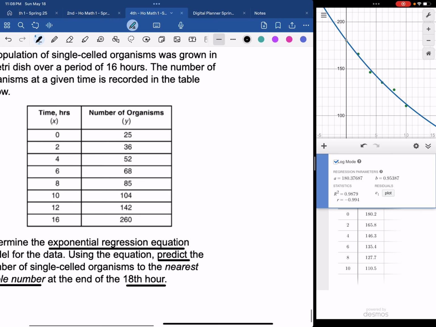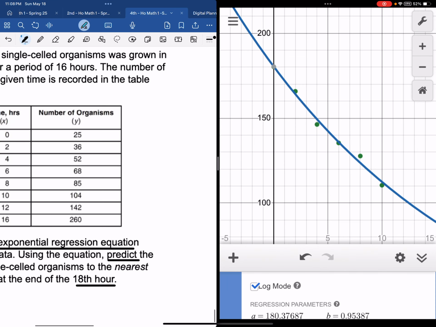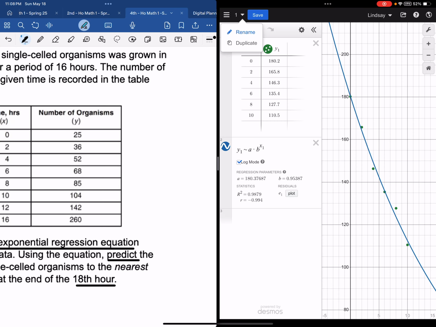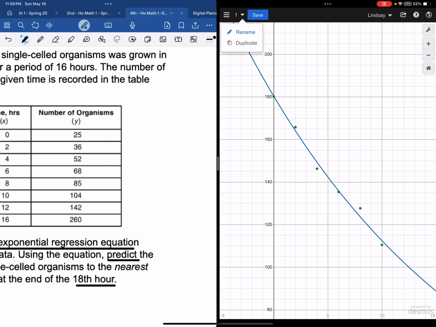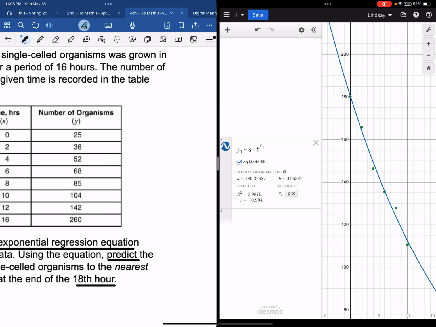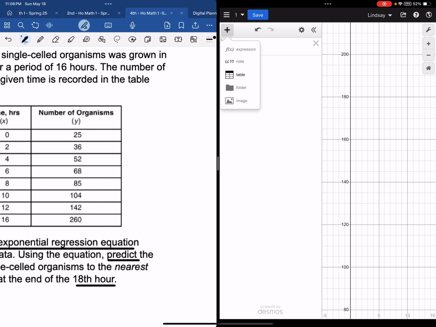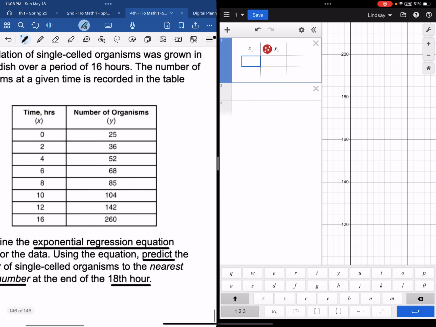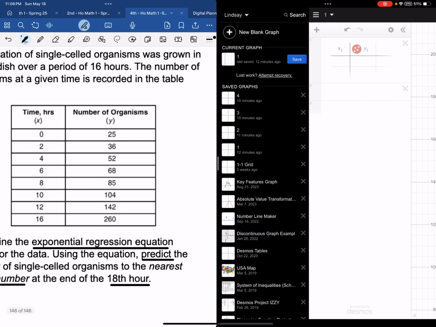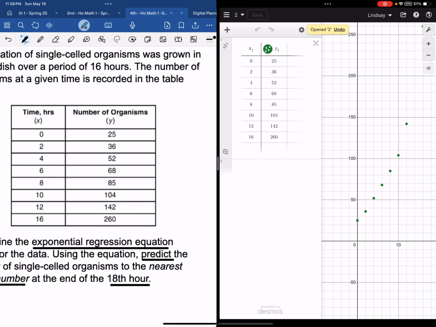So again, we first need to find that prediction model. So I'm going to go back over here, and you would put in a new table. You would delete what you already have, and then start typing in that information. Now again, I've already typed this in to save time. So I've hit that zoom.